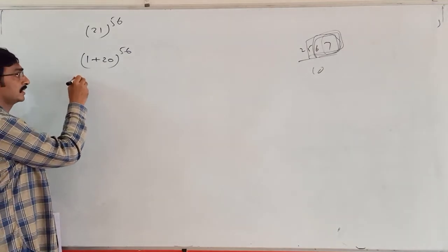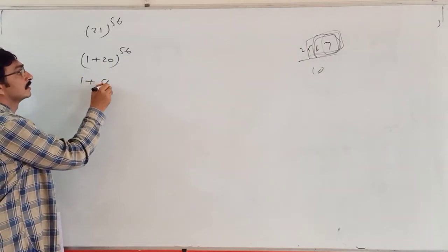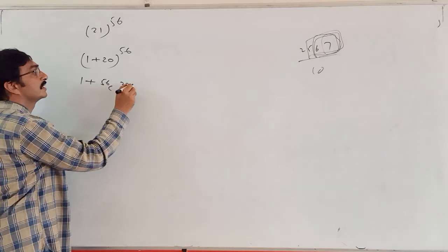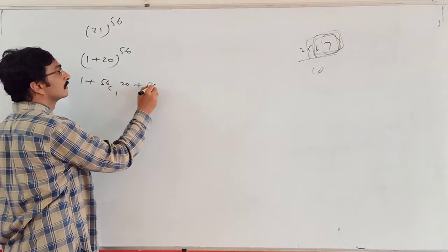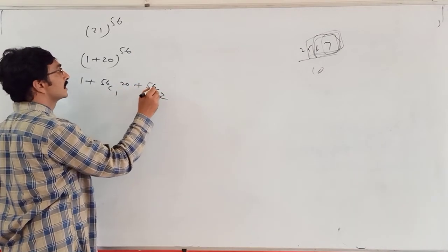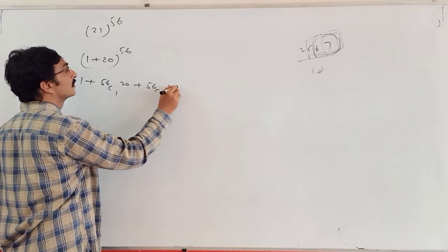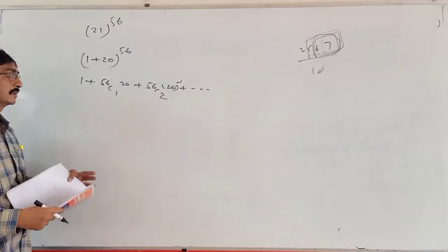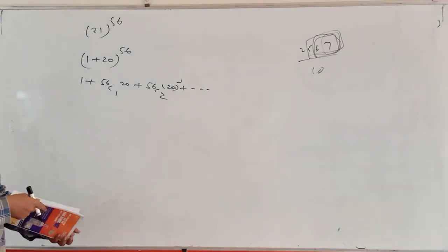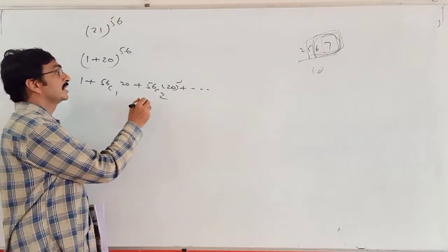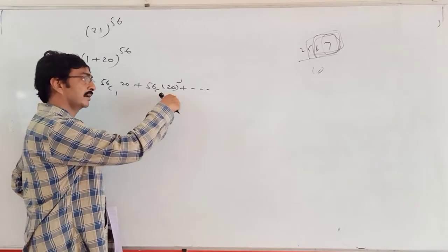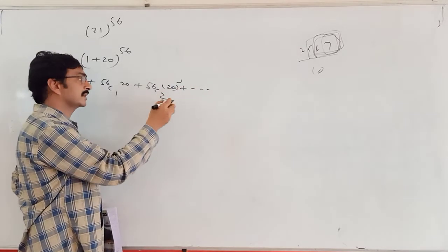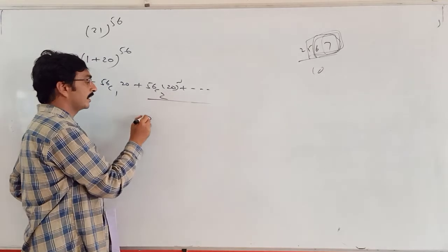From the binomial theorem expansion: 1 plus 56C1 into 20 plus 56C2 into 20 squared and so on. That is enough, because 20 squared is 400, and 20 cubed and beyond also contain 100. So from this we can take 100 common.